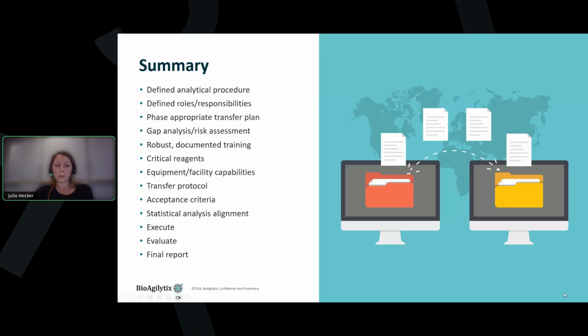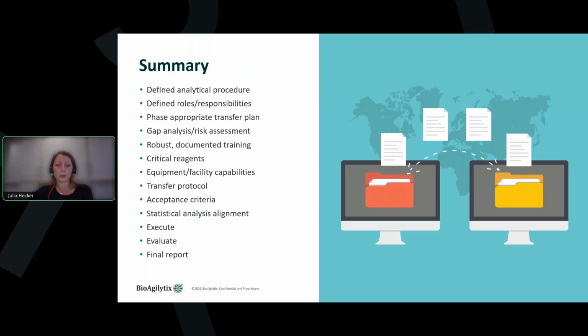Then it comes to the already mentioned transfer plan. This should be phase appropriate and should include the gap analysis or the risk assessment. The more time is spent on this, the fewer problems you will probably have when doing the wet lab work. Training is essential.